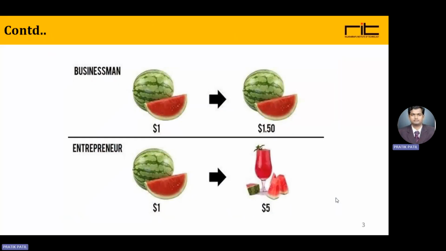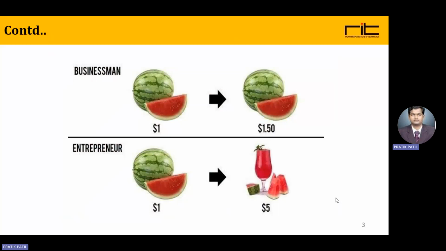So here is a very good example. On the upper side of the image, you will see the psychology of a businessman. For example, if he brings some watermelons at some cost, he will add his profit and sell them as they are. On the contrary, the image below is of an entrepreneur.